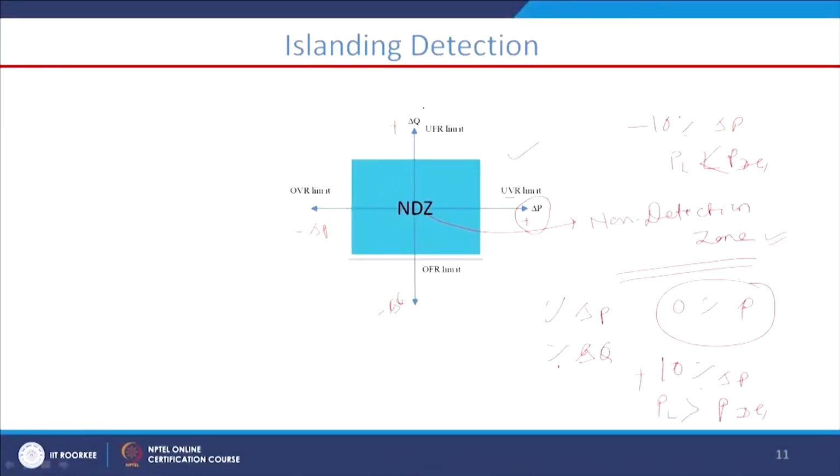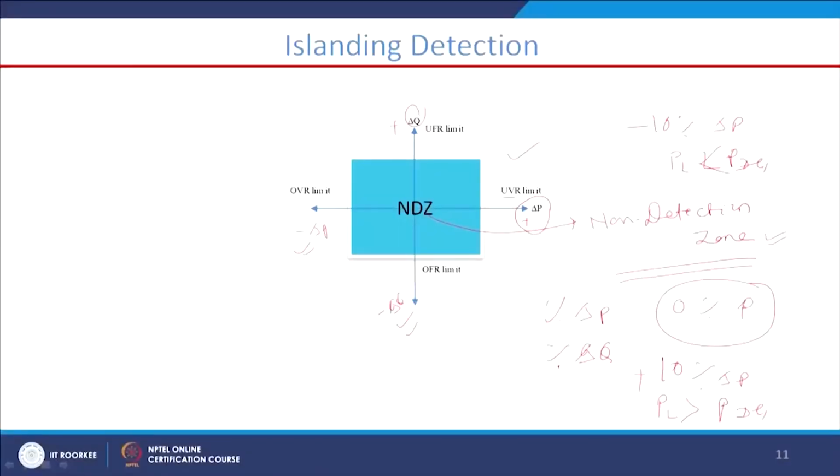So, the system is loaded and the voltage is going to be reduced. So, our under voltage relay, the UVR, is going to experience a trip signal. Similarly, if you have del Q, your Q load is more, then the under frequency relay is going to be actuated, and similarly for the other two conditions.